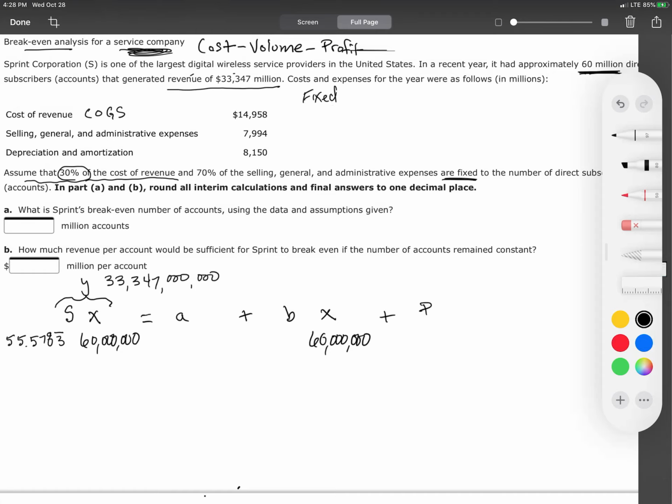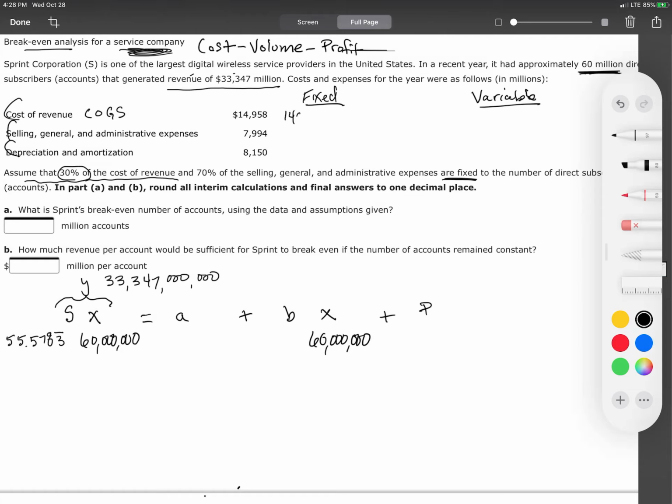This is the little side puzzle. Let's create 2 columns here for fixed and variable. Now these 3 costs have to fit into these 2 columns because all costs are fixed and or variable.